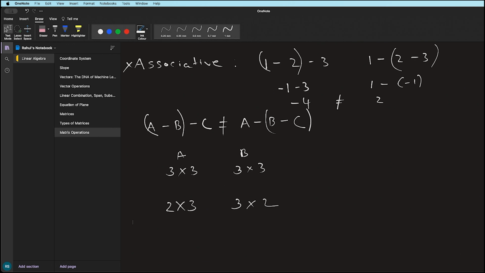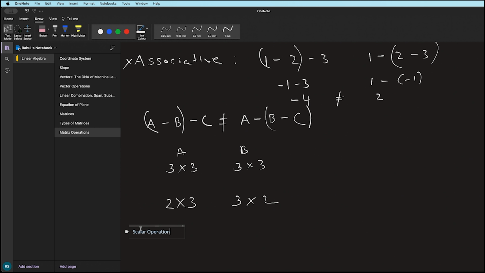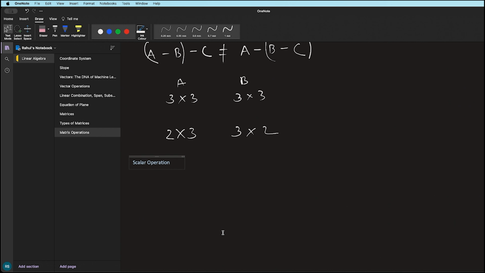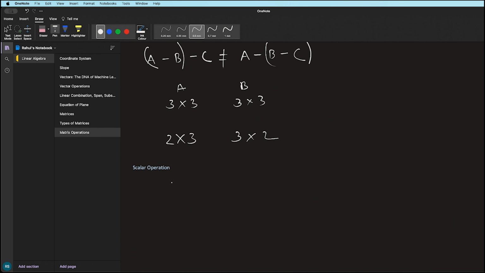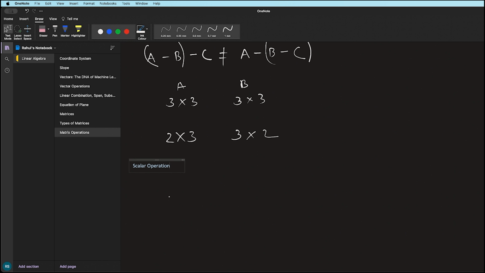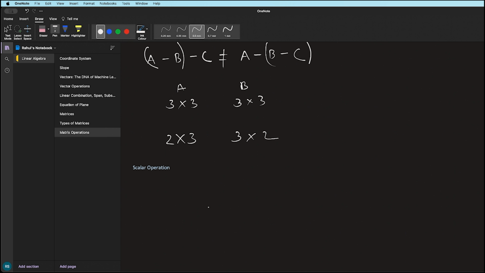Now coming to scalar operation. I will first start with scalar multiplication. I can multiply any scalar value with a matrix. For example, this is matrix A, denoted by 1, 2, 3, 1, 0, 1.